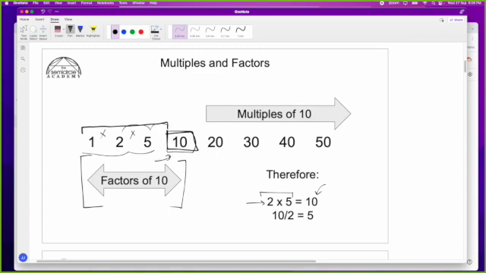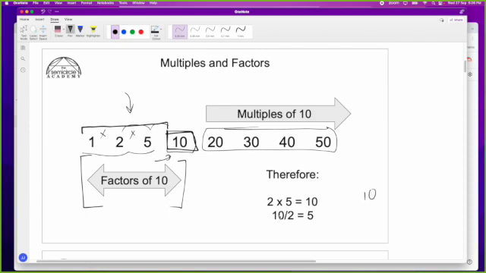And notice, if I wanted to, I have the 2 factors of the multiple. The multiples are the ones that are bigger, right? When we are really dealing with the multiples, we're dealing with the factors. I have the number that's bigger, 10.